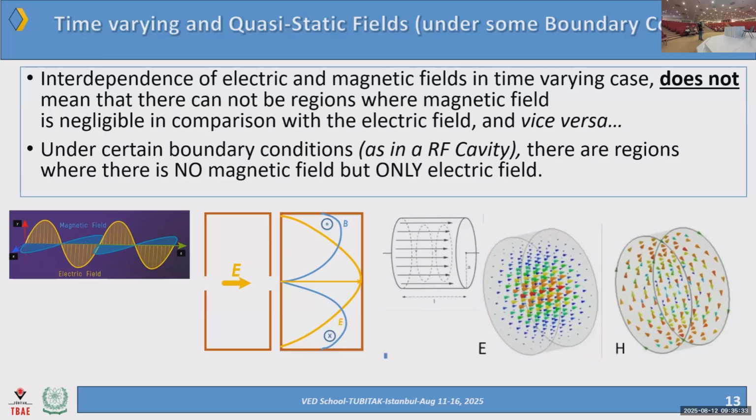We have to release a charge and it will see only electric field. As we go towards the walls, the circumference of this cavity, the magnetic field starts rising, and shortly before the end of this boundary, we have a maximum of magnetic field, and then it starts decreasing again.